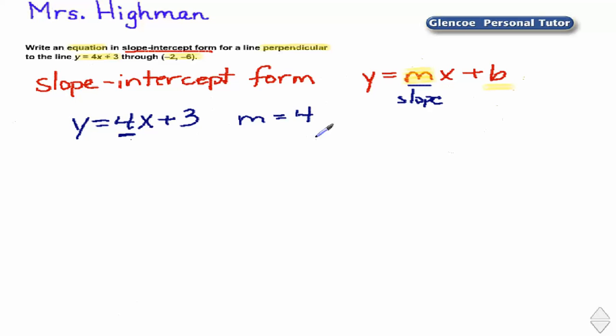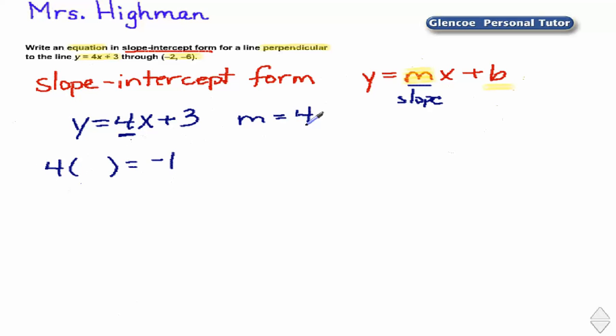Well, the line that we want an equation for has to be perpendicular to this one. So that means that the slope of the perpendicular line is going to be different. 4 times what number would give us -1? The product of the slopes of two perpendicular lines is -1.